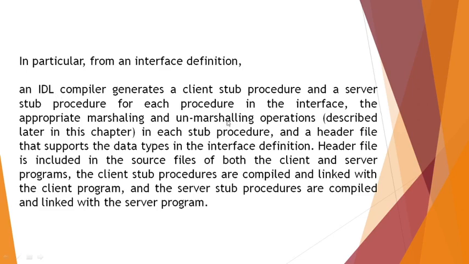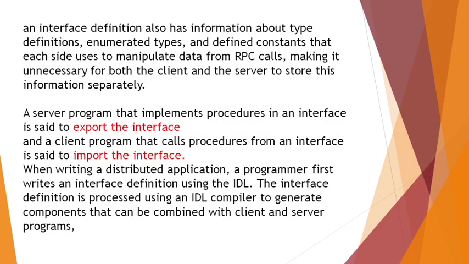So all these stub procedures and a header file which supports the data types in the interface definition will be generated by the IDL compiler. From where will it generate? It will generate from the interface definition, which is written by the programmer.